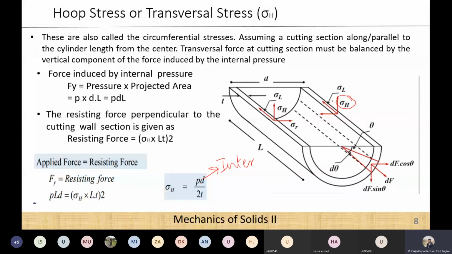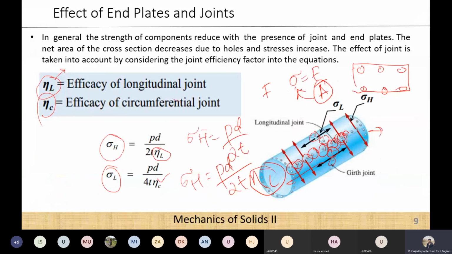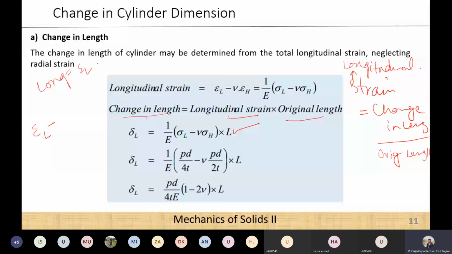We also know from the basic principle of mechanics that the strain produced in the other direction is multiplied by the Poisson ratio. So the strain in the longitudinal direction will produce a minor strain in the direction of hoop stresses, given by this factor, that is Poisson ratio into hoop strain.